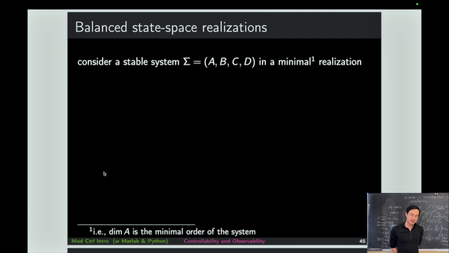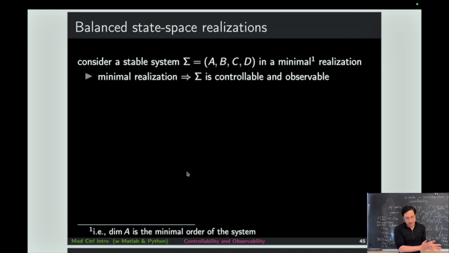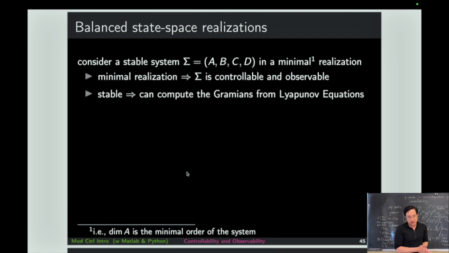Balanced state space realizations. We have an original system that is controllable and observable. It's a minimal realization, meaning that it is controllable and observable. And let's say it's stable as well. Then we can compute the Lyapunov equation to get the Gramian.